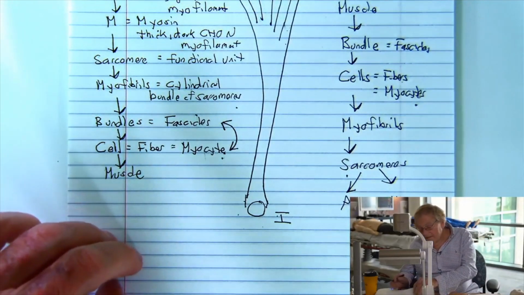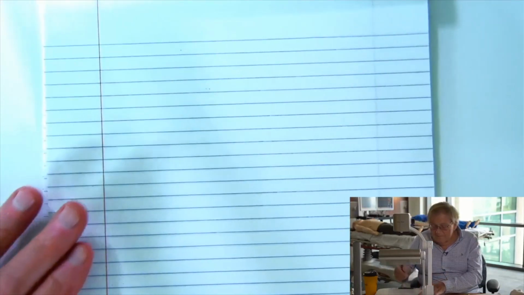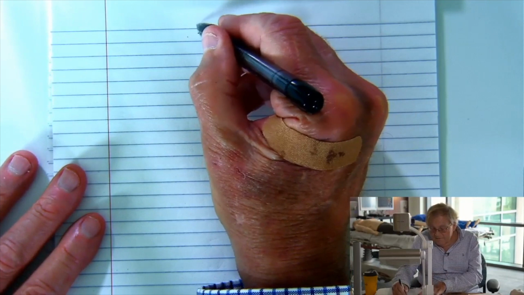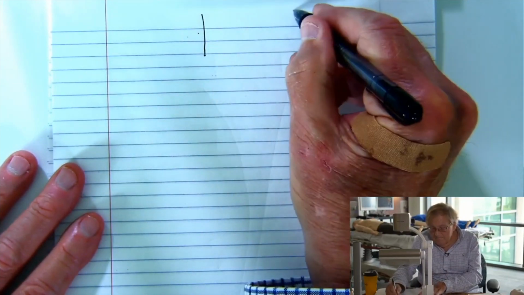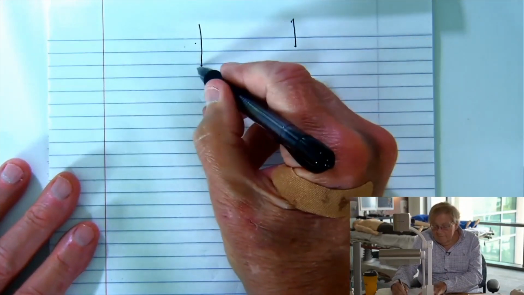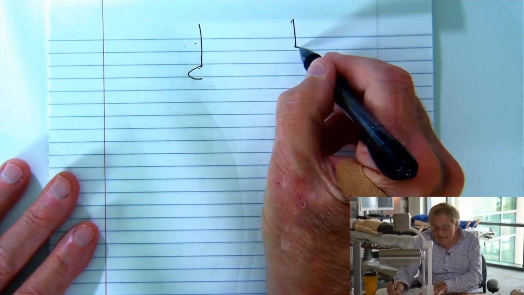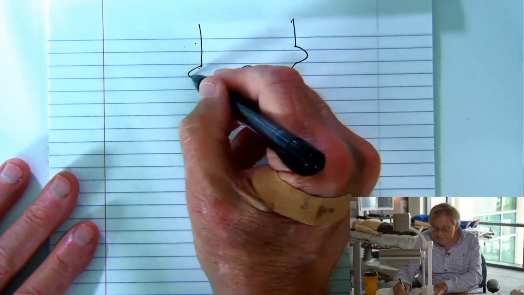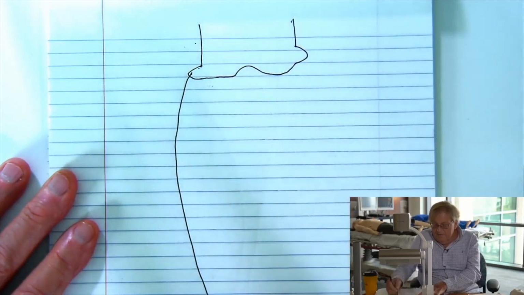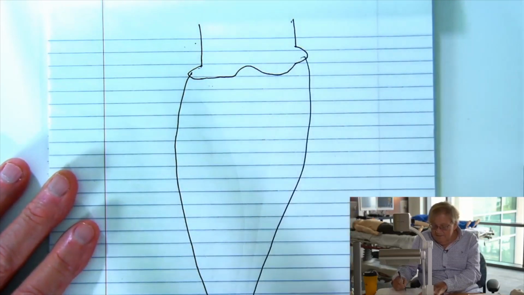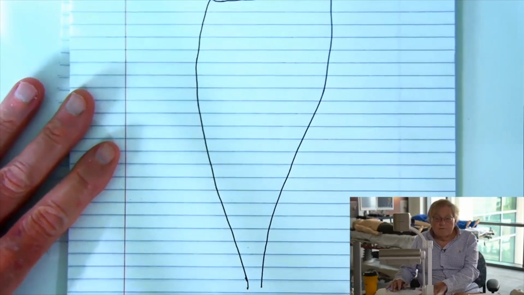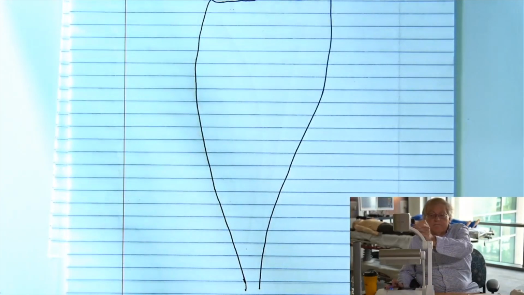Now, here's that muscle, and I'm just going to draw the muscle itself. I know that this muscle came from this bone. I'm not going to draw this anatomically perfect, because all I want to do is something representational. I'm going to bring this muscle down like this, and now I see the entire muscle.